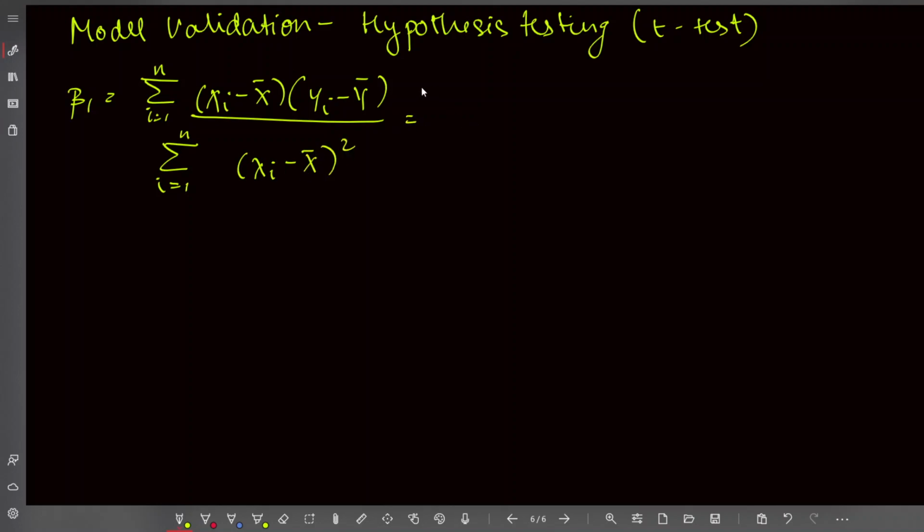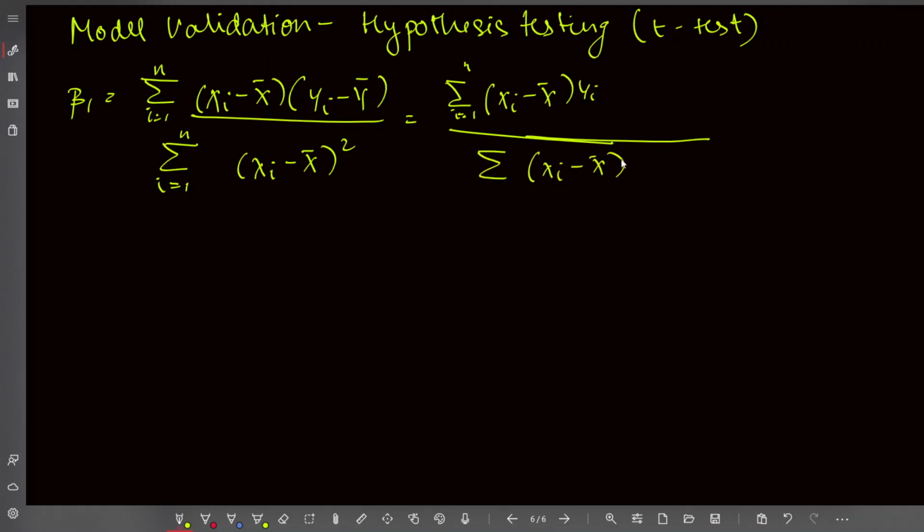I can write this as sigma i equals 1 to n (xi minus x bar) yi whole upon the denominator (xi minus x bar) the whole square, minus x bar into (yi minus y bar) sigma i equals 1 to n. If you just expand this and you add and subtract, you will get back this equation.